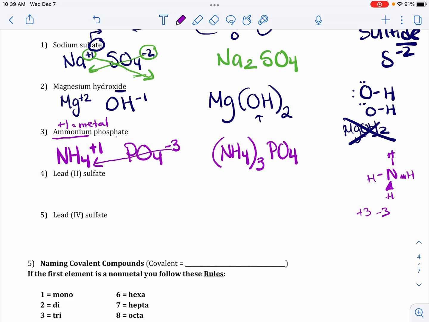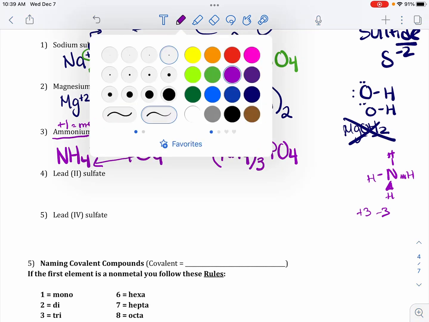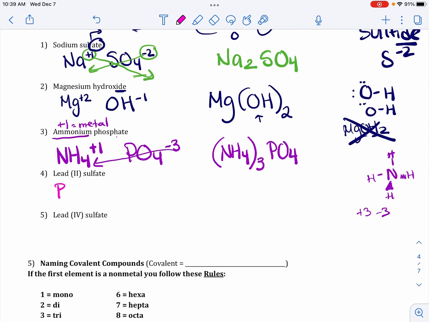And then we'll do number 4 together, and you guys can try 5. So lead, we notice we have that Roman numeral. Just a reminder, that Roman numeral all it does is tell me the charge is +2. So Pb's plus 2. Sulfate, we've already done up here, is SO4 minus 2. Same rules apply with charges canceling out.